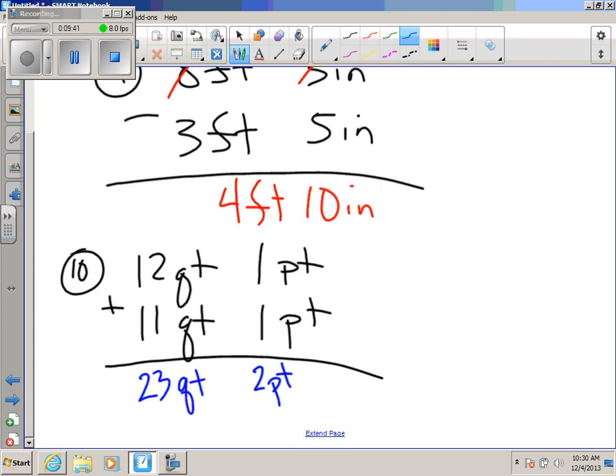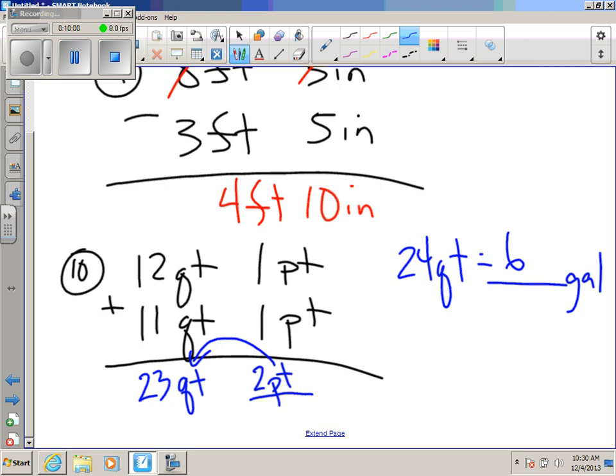Now, can I squeeze another quart from 2 pints? So now I have how many total quarts? 24 quarts equals how many gallons? 6, because there are 4 quarts to a gallon. So it should be 6 gallons. Yes.